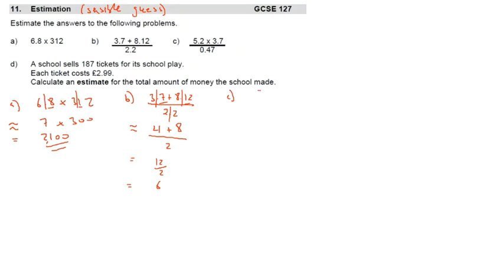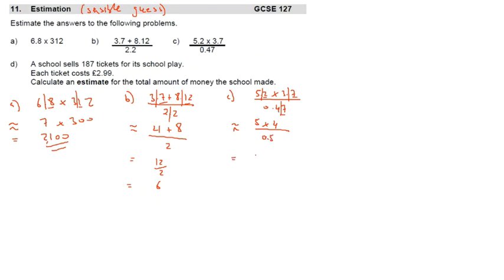And then question C, 5.2 times 3.7 over 0.47. We'll get an estimation sign. And it's about 5 times about 4. Go to the bottom, don't count the naught. This is about 0.5.